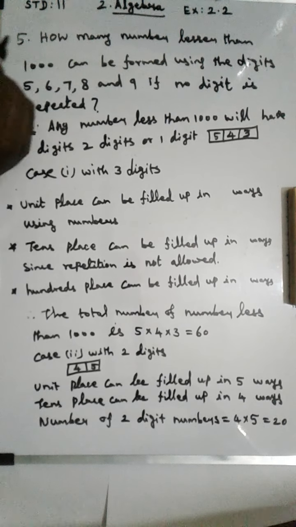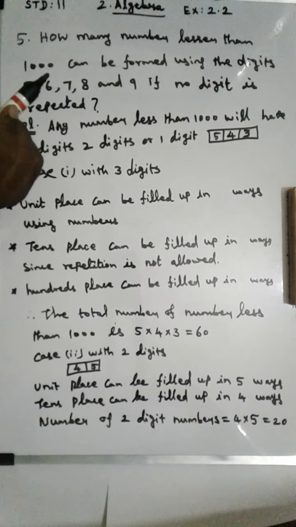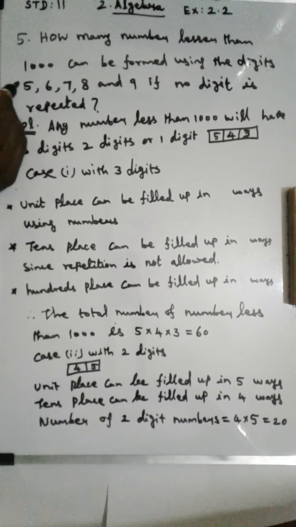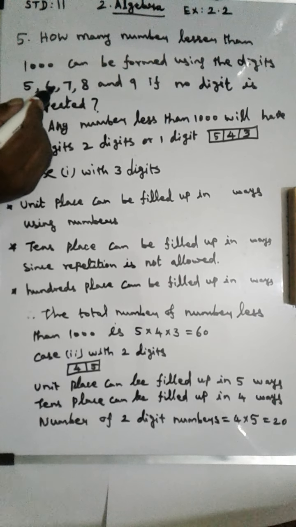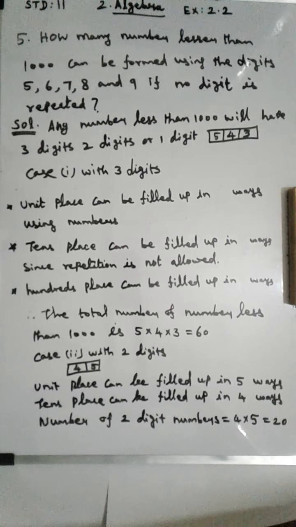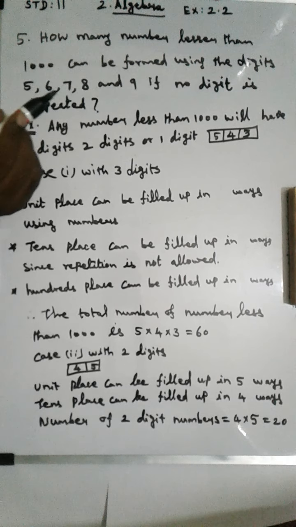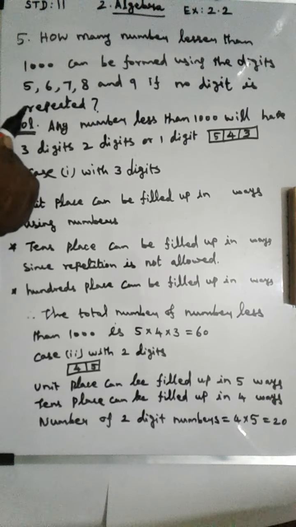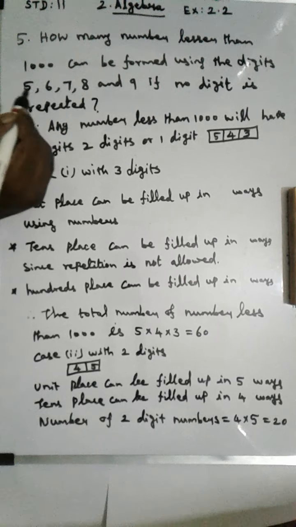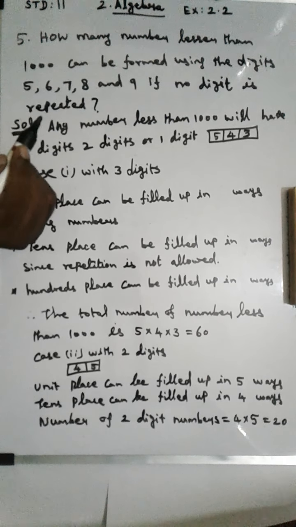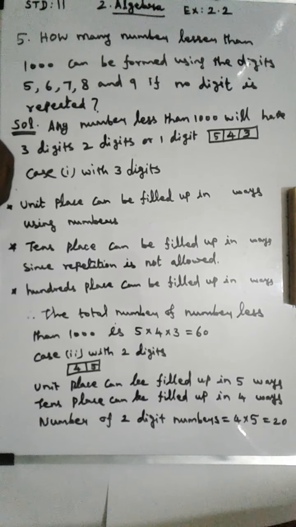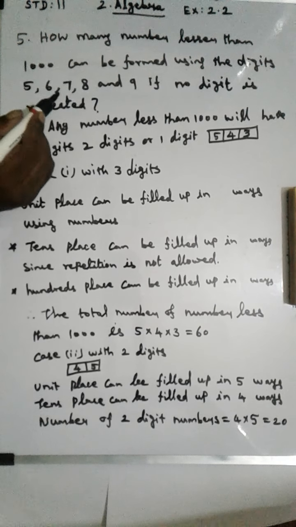Fifth sum. How many numbers less than 1000 can be formed using the digits 5, 6, 7, 8 and 9 if no digit is repeated? So no digit is repeated. Solution: we use 5, 6, 7, 8 and 9.